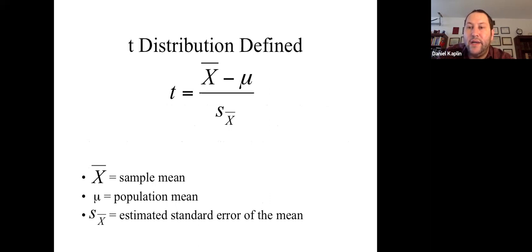So I kind of wanted to show you a morphology between what we started out with, a z-score with the population mean and standard deviation being known, to a z-score for a sample, to a t-distribution, which the change is that now we're using the standard error of the sample mean.